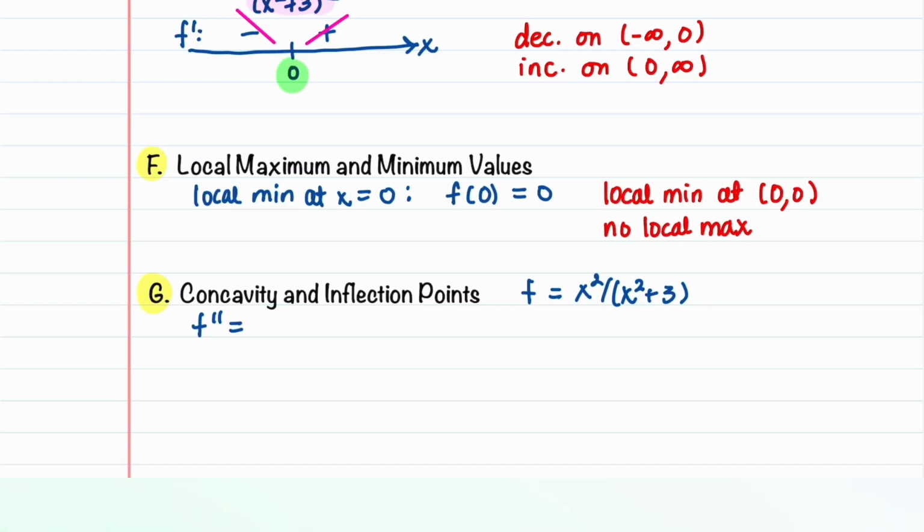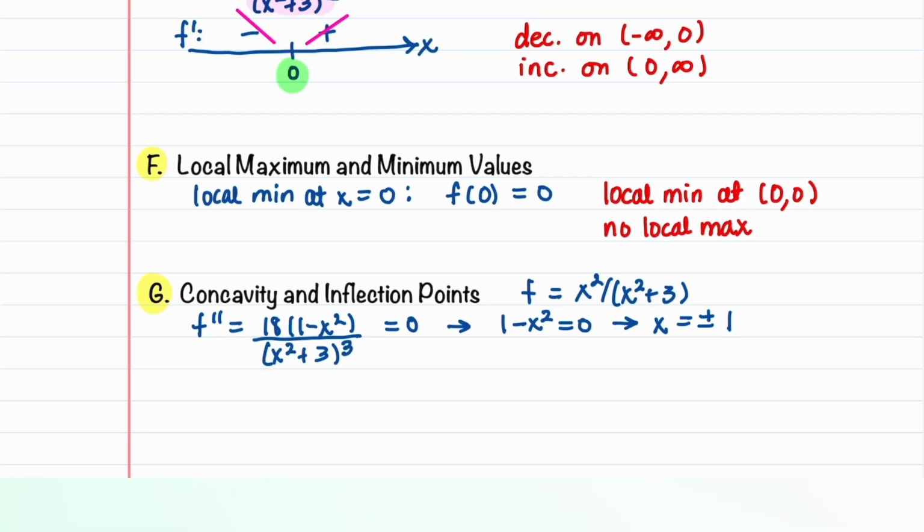That was given up above, and it is 18 times 1 minus x squared, all divided by x squared plus 3 quantity cubed. We need to find where f double prime is equal to 0. So this is just where 1 minus x squared is equal to 0. And this gives us that x is plus or minus 1.